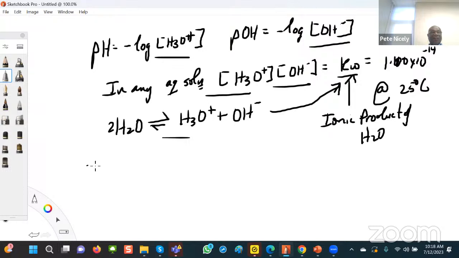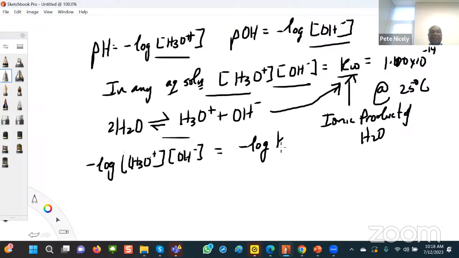So as a consequence of that relationship, there are some other things we can write down. If we find the minus log of both sides, that will be equal to minus log of Kw, right? And if you remember anything from your algebra class, you know that log of A times B is equal to log A plus log B, all right?